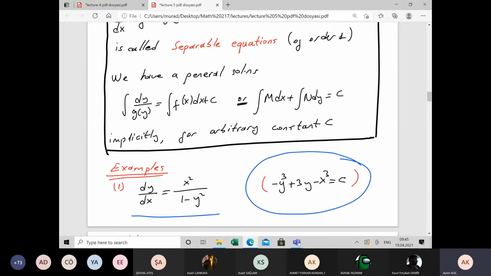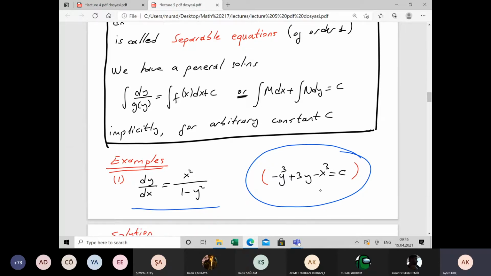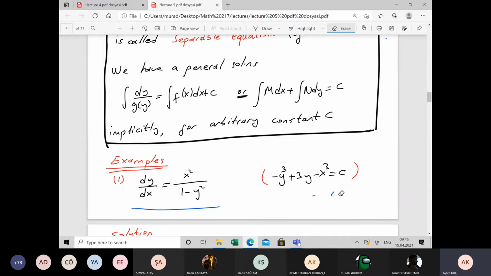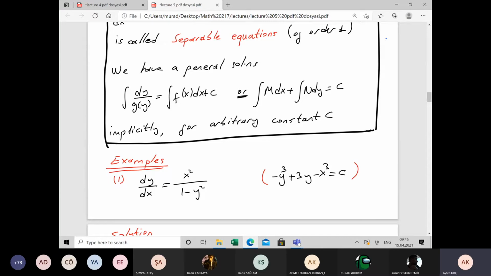But here the solution is not in the form y of x. This one is explicit, and this one is an implicit solution.